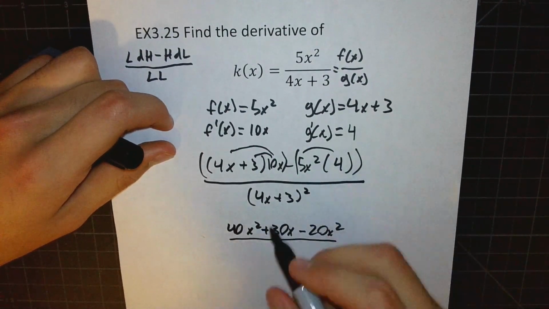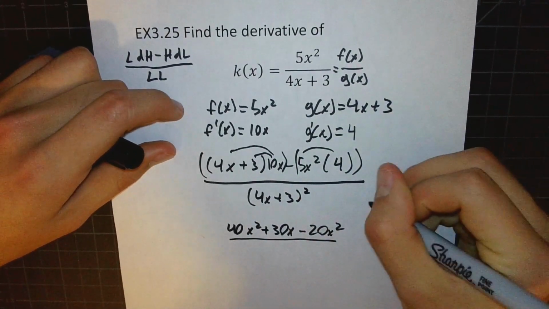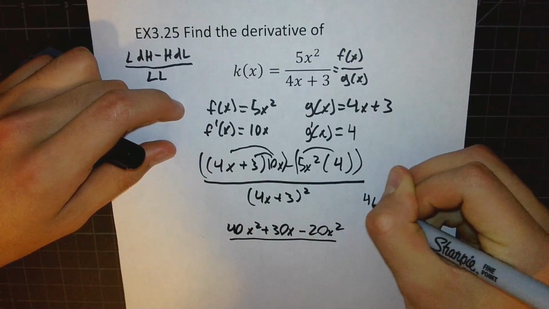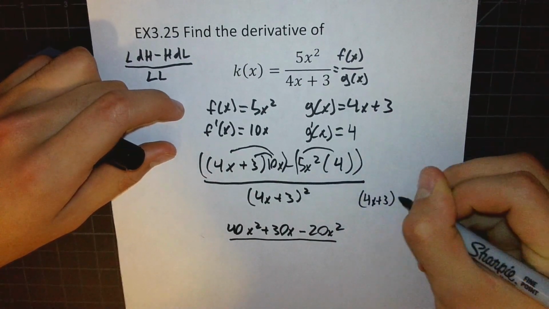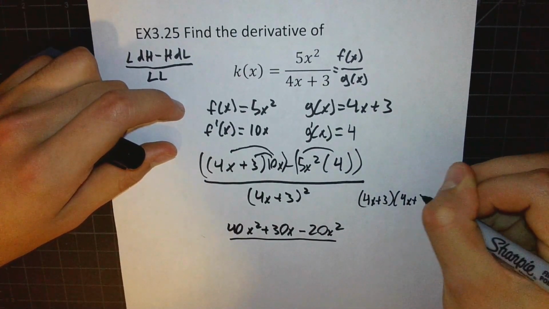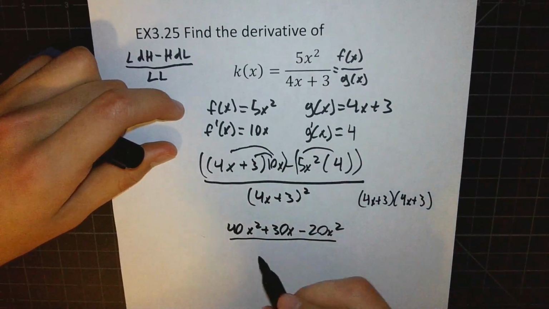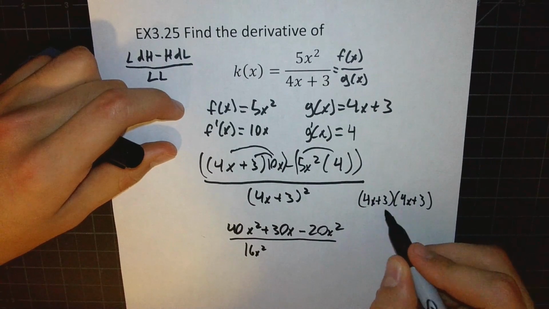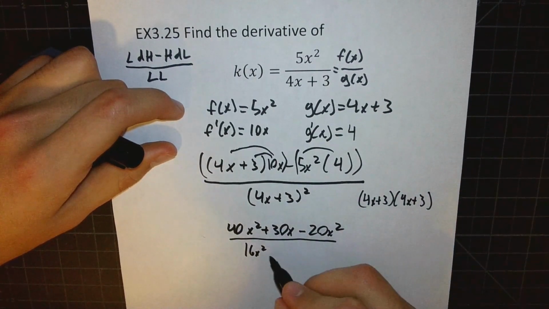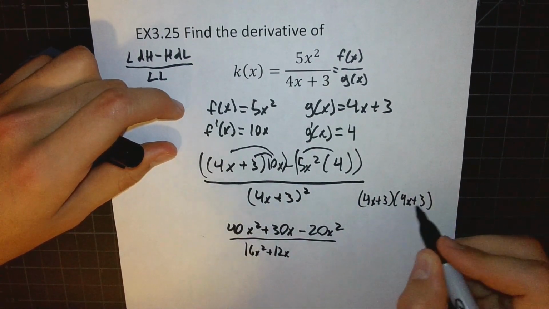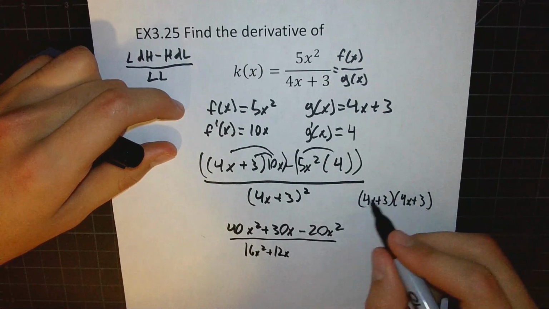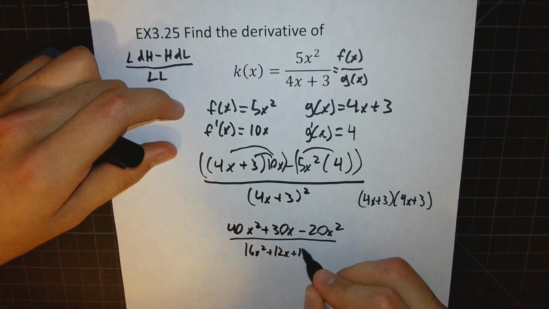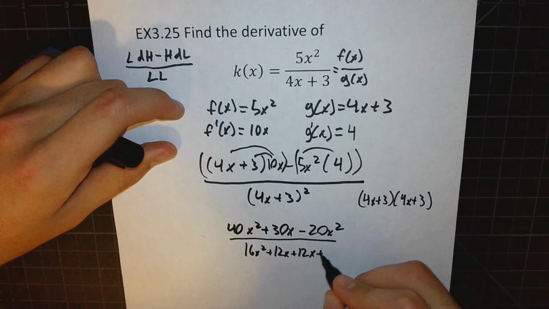This is the same as 4x plus 3 times 4x plus 3. So our first is our 16x squared. Our inner is 12x. Our outer is 12x, and our last is plus 9.